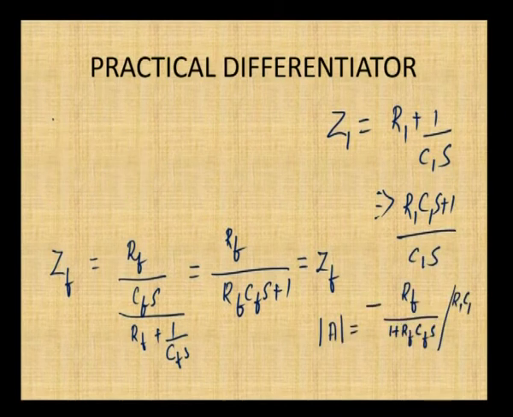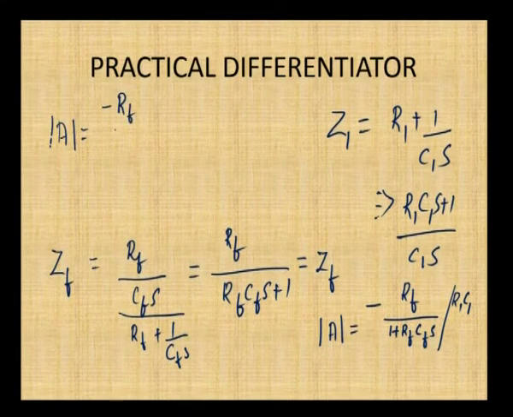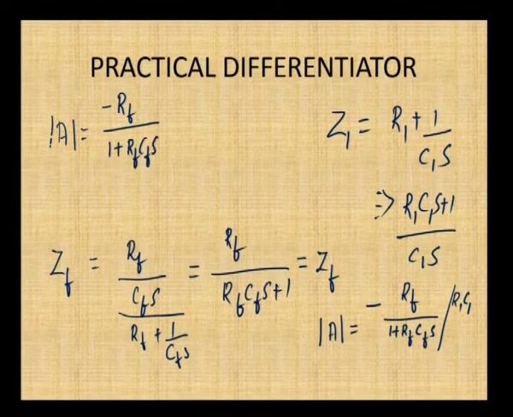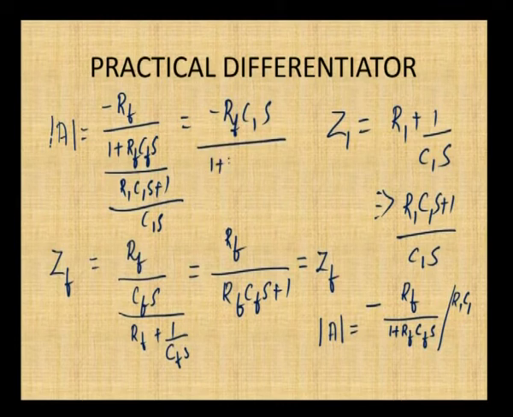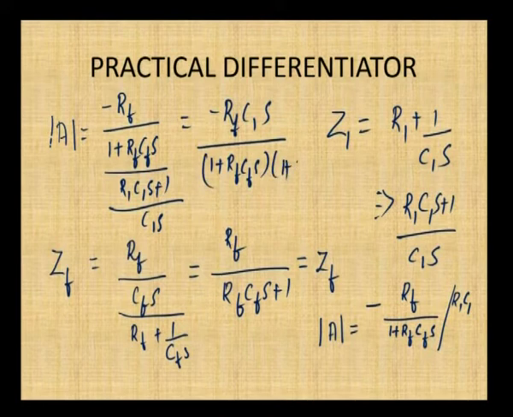So, the gain is given as minus RF by 1 plus RF CFS divided by R1 C1s plus 1 by C1s, and this will be minus RF C1s by 1 plus RF CFS into 1 plus R1 C1s.